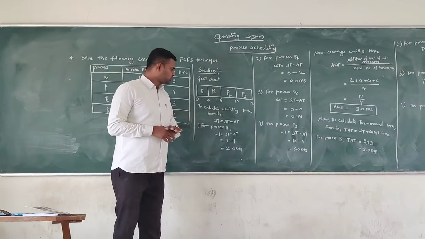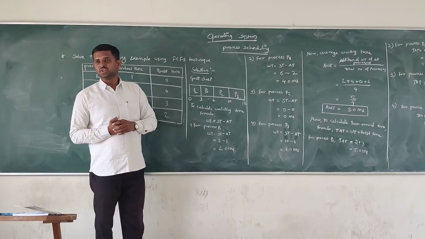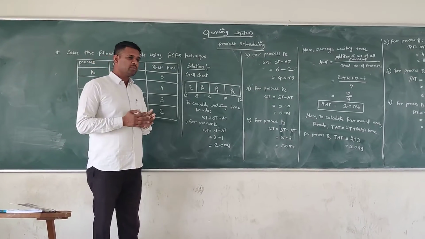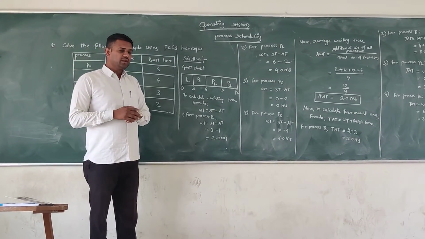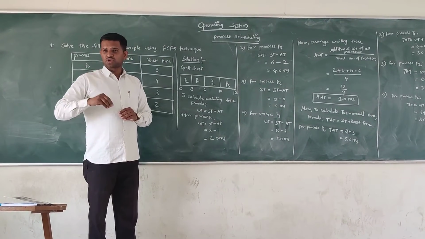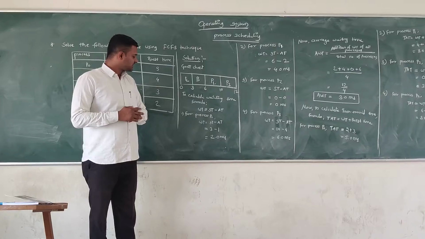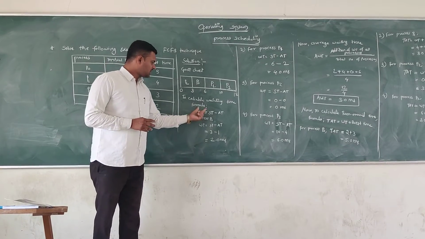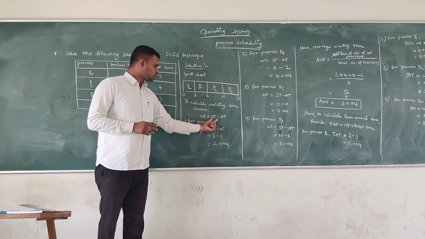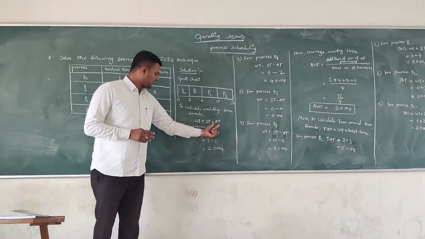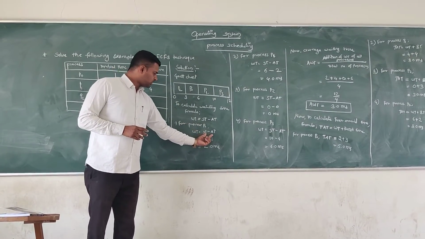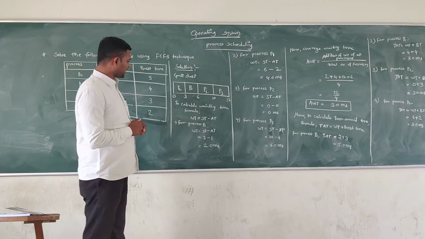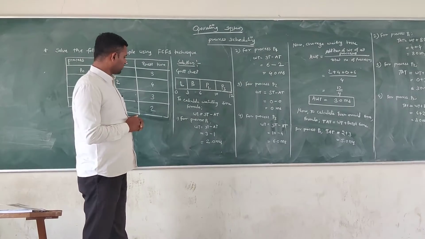Then we are going to calculate the waiting time of each process. Waiting time is the time for which a process is kept in waiting state in the ready queue, waiting for its turn. Here is the formula: waiting time equals starting time minus arrival time, and we keep the values of starting time and arrival time in the formula.